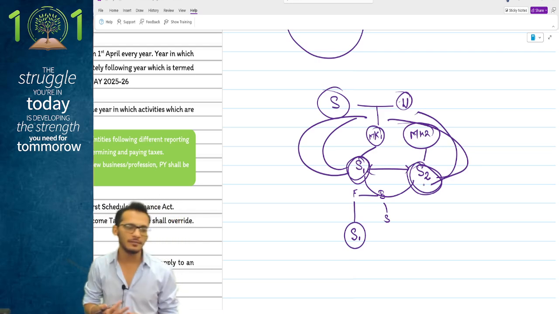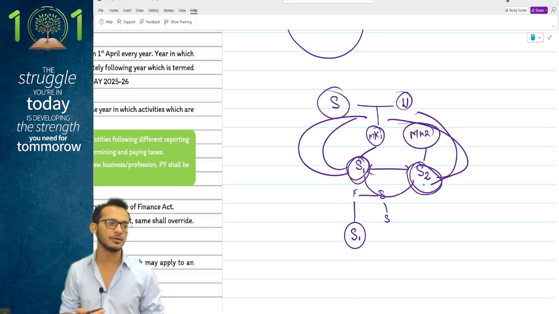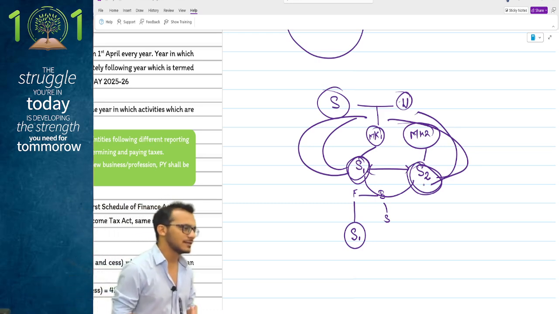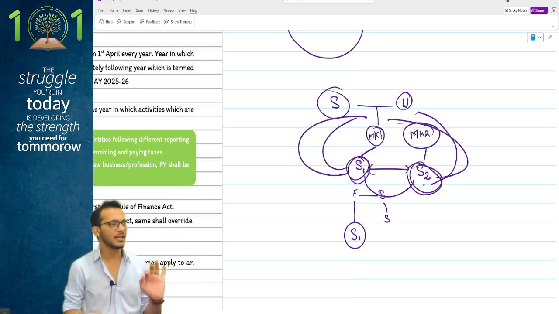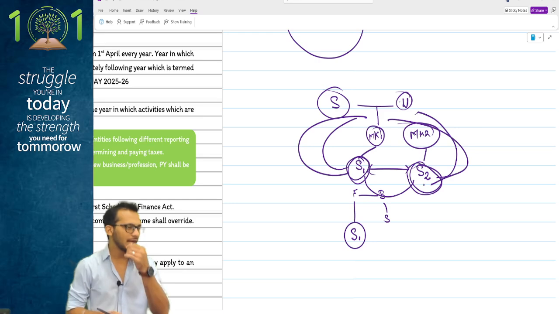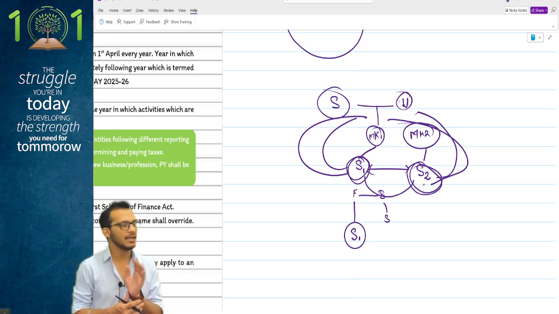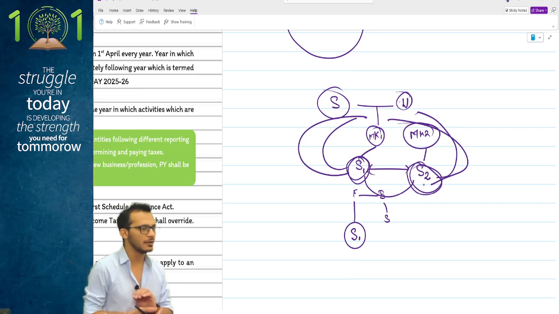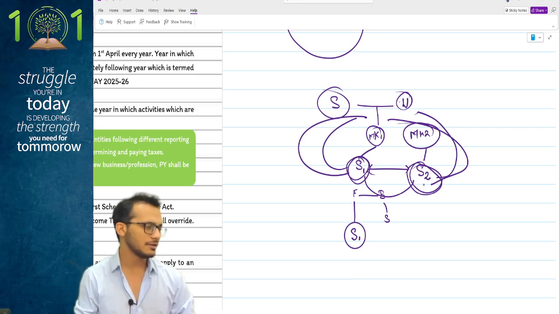And when you speak about firms, income tax has also clarified that firm also includes LLPs defined under the LLP Act 2008, except for a few sections like section 44AD and 44ADA, where firm means only unlimited liability firms. Otherwise, when you read the word firm, every firm includes LLPs. Yes or no?